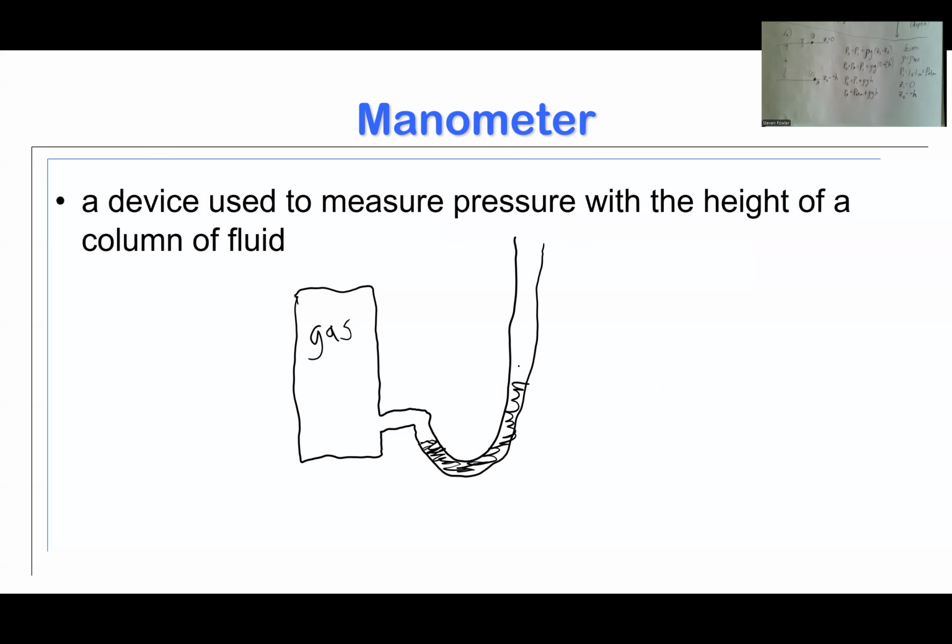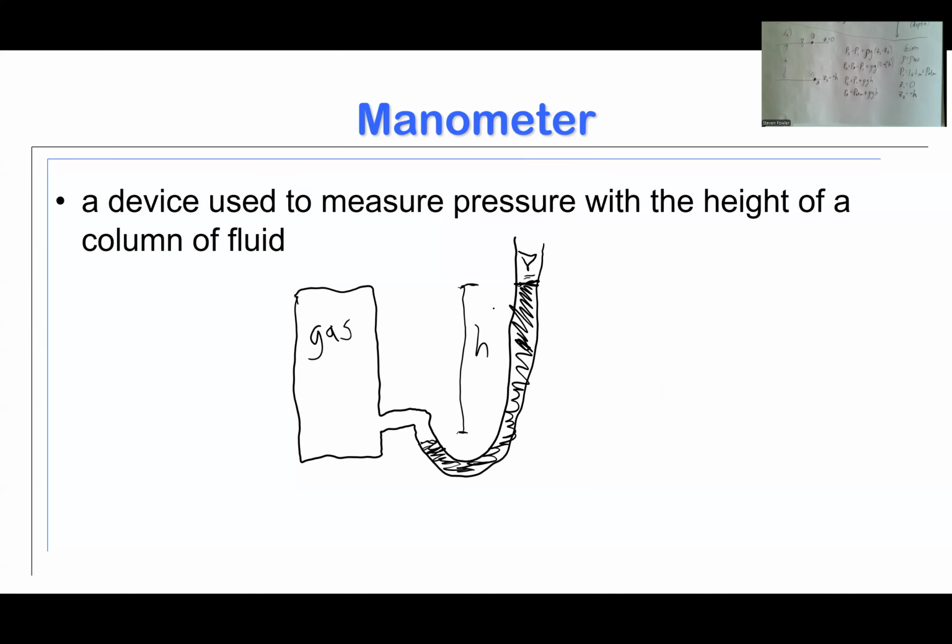We call it a manometer tube, a U-tube shaped manometer. All right, so we have some sort of a fluid, and let's say we open this end up to the atmosphere. All right, so that triangle symbol we talked about earlier. And this fluid then has a height in its column, H.